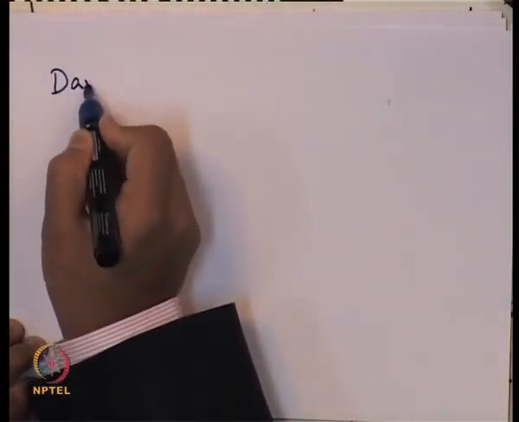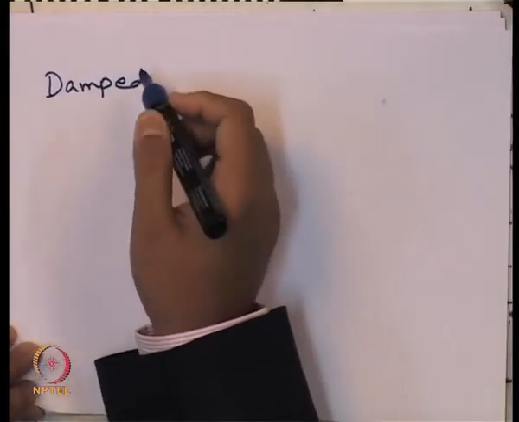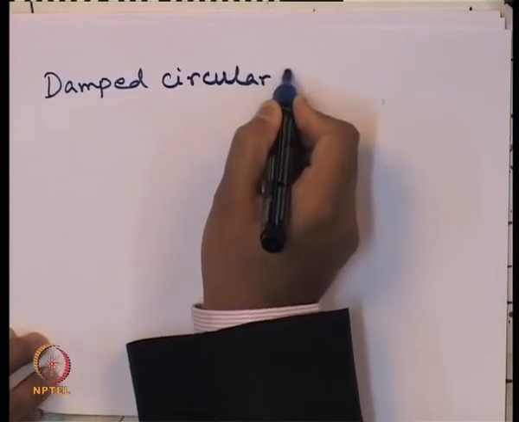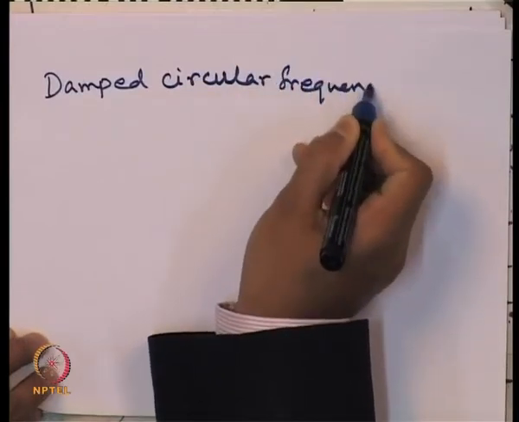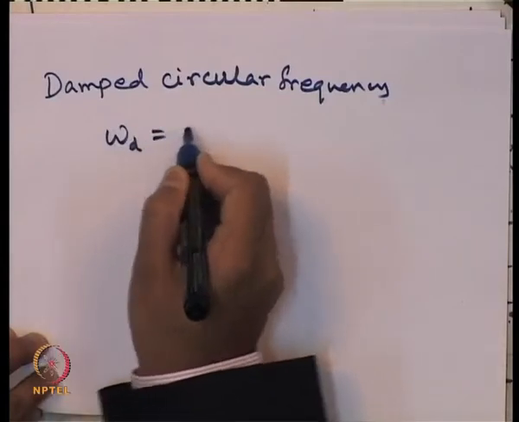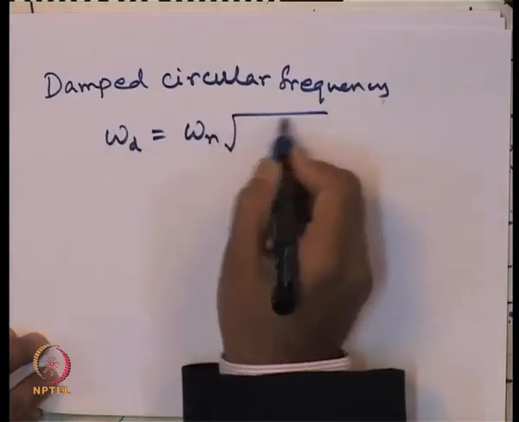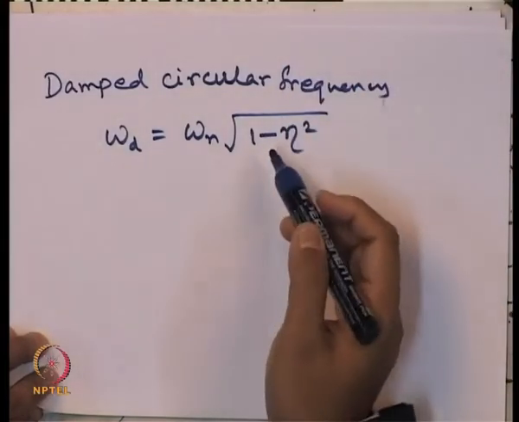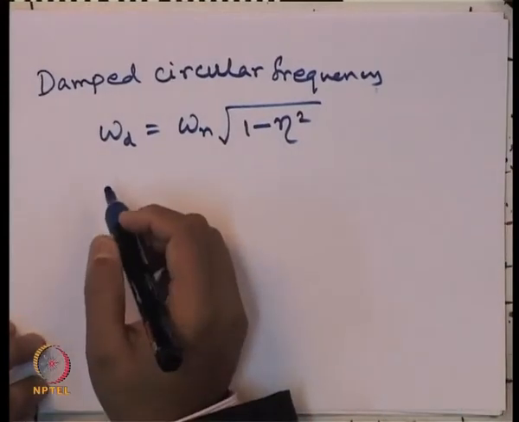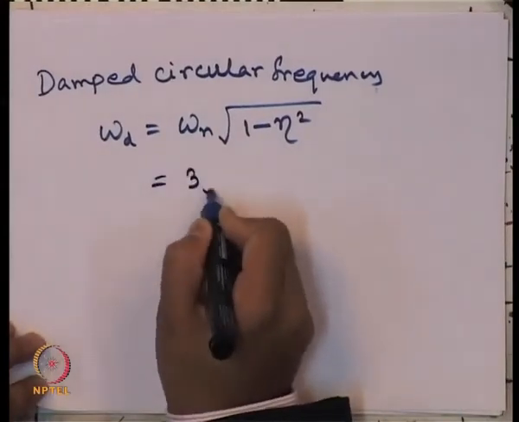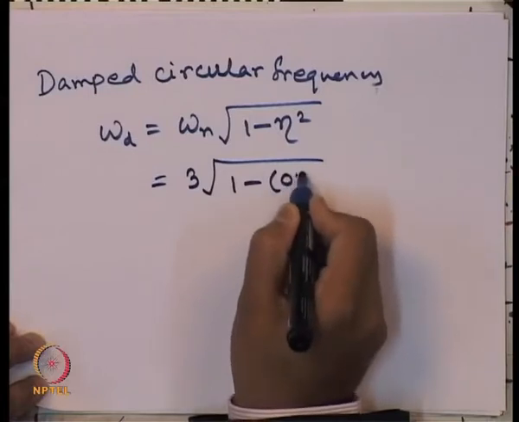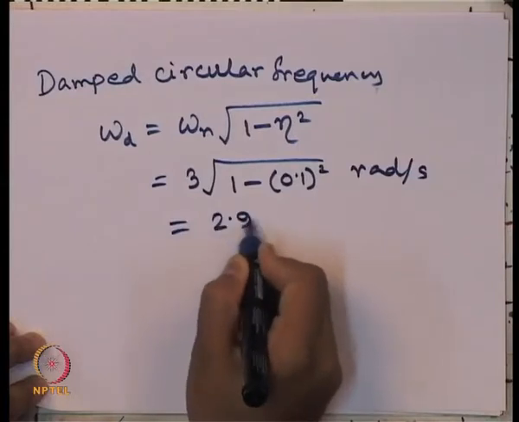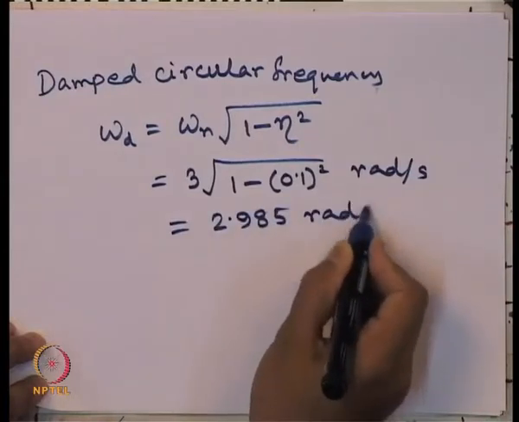And what is the damped period? Let us first find out the damped circular frequency omega d, which is omega n, the natural circular frequency, times root over 1 minus eta square. Why this one? Because it is underdamped, because the damping ratio is less than 1. It will be 3 into root over 1 minus 0.1 whole square, which is 2.985 radian per second.